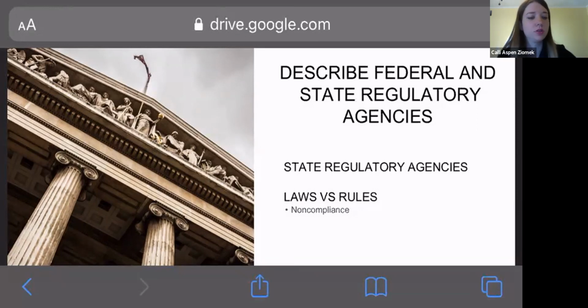So the rules establish very specific standards and conduct for your industry and license. Some rules will change depending on what state you're in. Some will change on a 2-year basis.